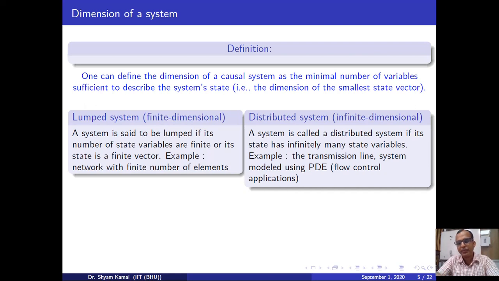But it is possible to show that if we again compromise with some accuracy or precision, then we can convert the infinite dimensional system into a finite dimensional one, and after that we do the analysis, because we have several tools to analyze finite dimensional systems and very few tools are available to analyze infinite dimensional or distributed systems. So a system is called distributed if its state has infinitely many state variables.